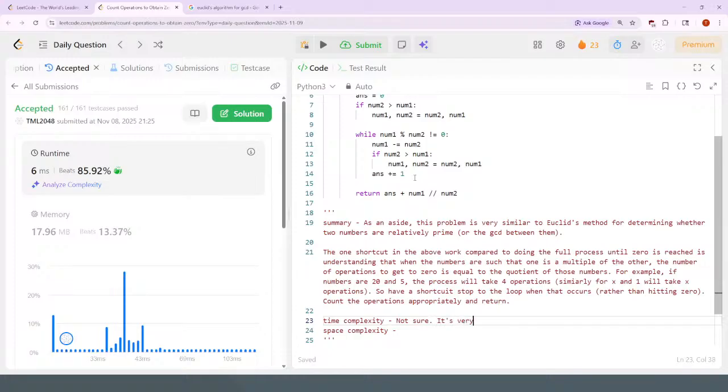It's very fast. But I don't know how fast. I think it probably is less than O of log k, where k is the max value.